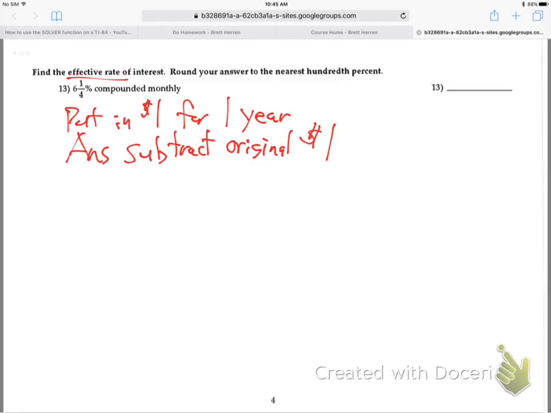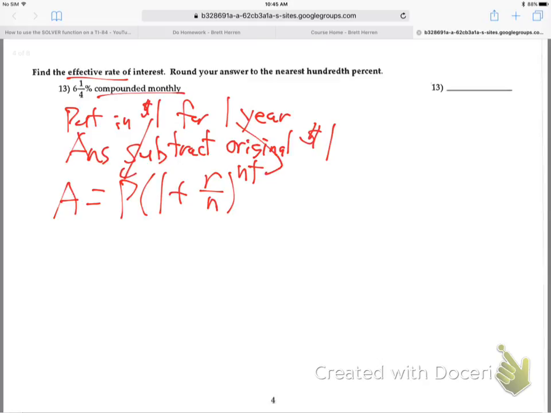What am I plugging into? Well, it's compounded monthly, so I'm going to use P(1 + r/n)^(nt). If it was continuous, I'd use Pe^(rt), wouldn't I? Okay, plug in $1 for 1 year. Principal $1, time 1 year.